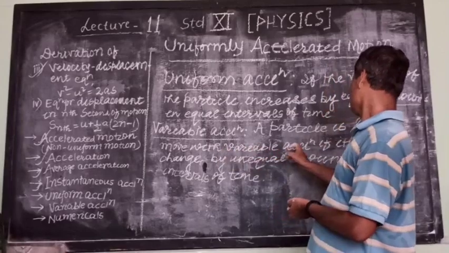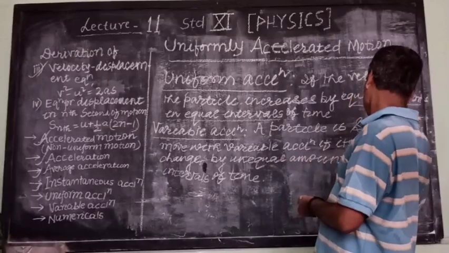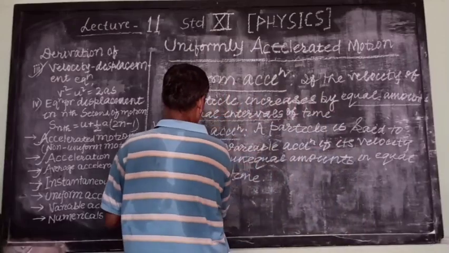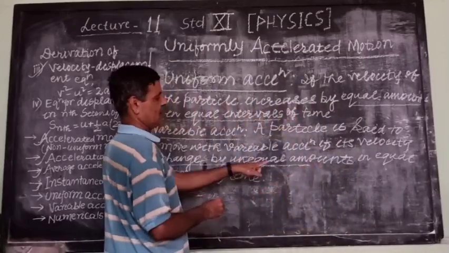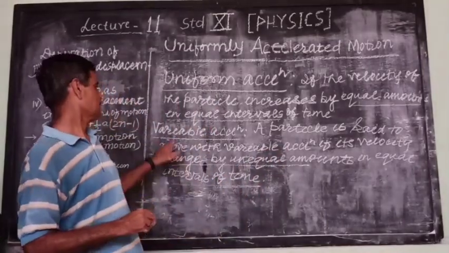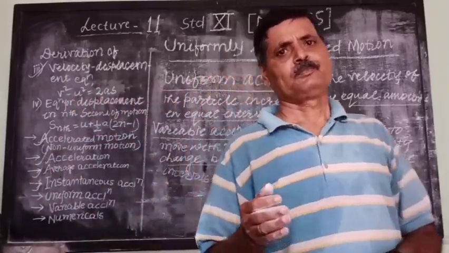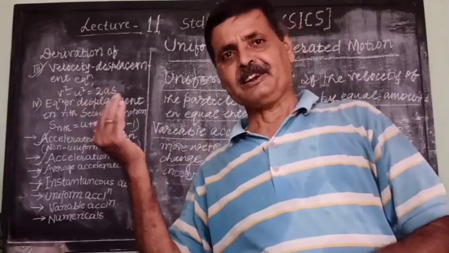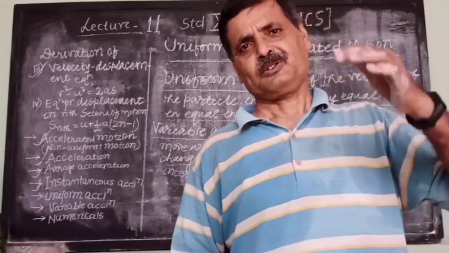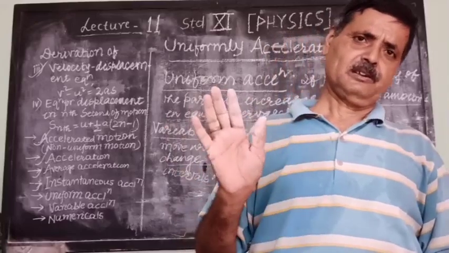Remember this case: velocity changes by unequal amounts in equal intervals of time. That is your variable acceleration. Numericals related to this will be discussed in the next class thoroughly, one by one. Okay, thank you very much.